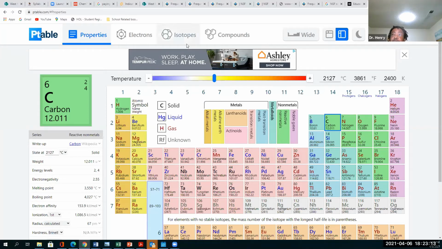So for instance, if I have iron, well, iron is kind of a special case. We could have iron 2, iron 1, iron 4, and rare, iron 3, or we could have iron 6.